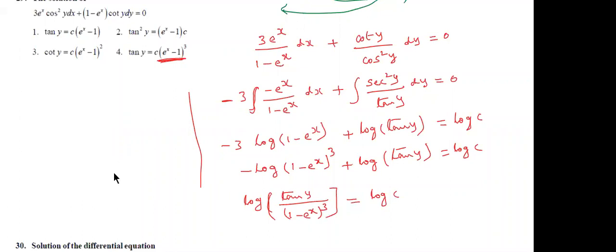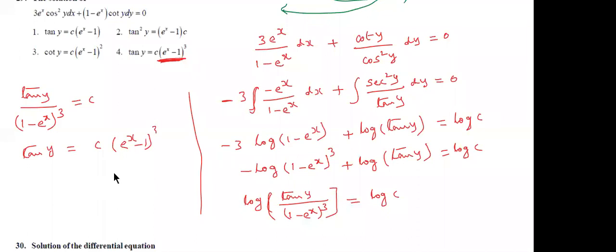Now here I am writing, students, tan y divided by 1 minus e power x whole cube, that is equal to c. By observing the options I am writing. See here 1 minus e power x whole cube, but here e power x minus 1 whole cube.